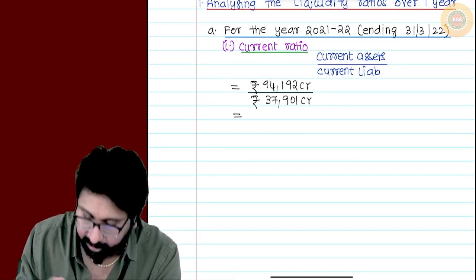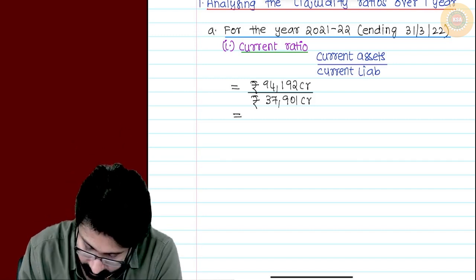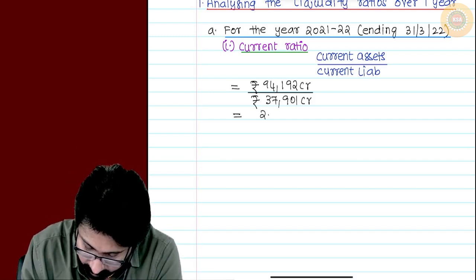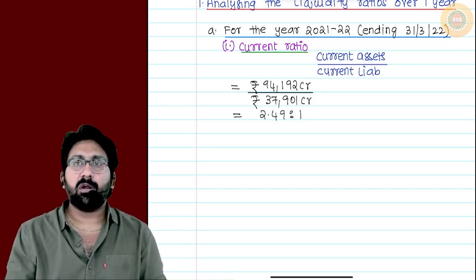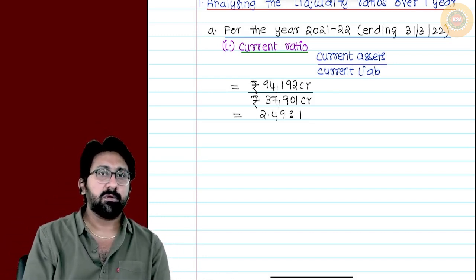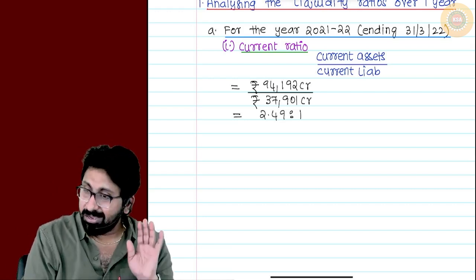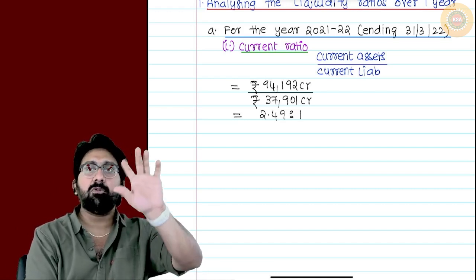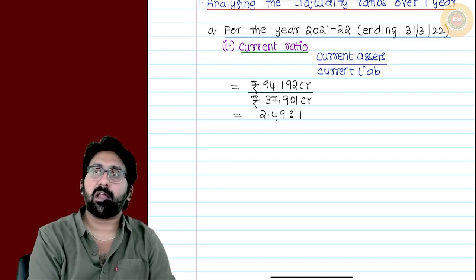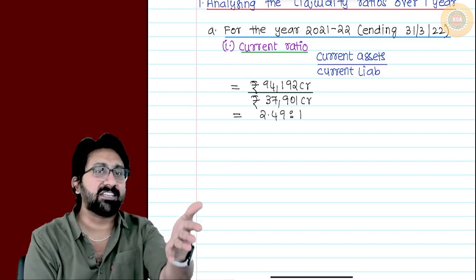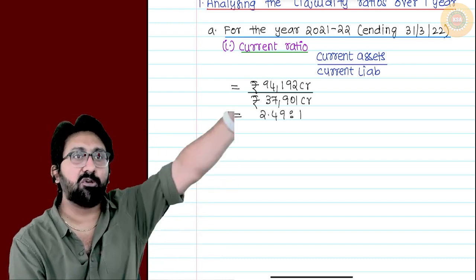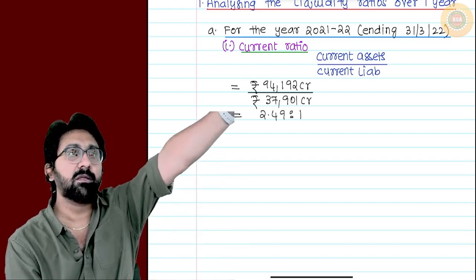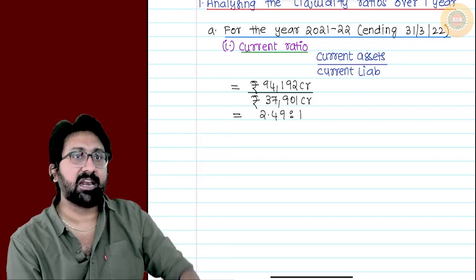Please tell me the ratio. 2.49 is to 1. Tell me, what is the ideal current ratio? 2:1. Is having more than 2:1 good or bad? Good, fantastic company that is. That means for 1 rupee of current liability, how much current assets do they have on hand? 2.49 times the current assets they have.